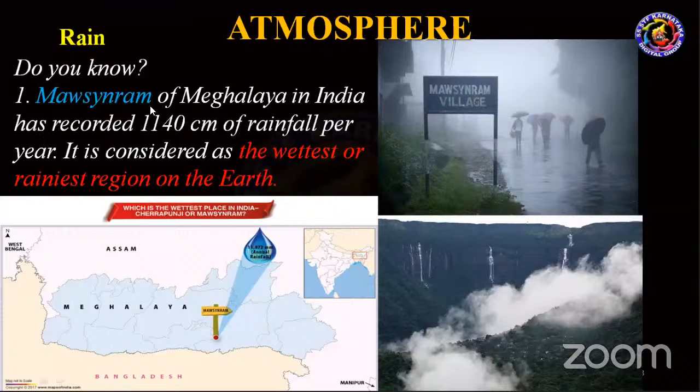In India, Mausinram of Meghalaya is the heavy rainfall area. It receives 1,140 centimeters of rainfall per year. It is considered the wettest or rainiest region on the earth, Mausinram. And the second picture shows where Mausinram is, in Meghalaya.